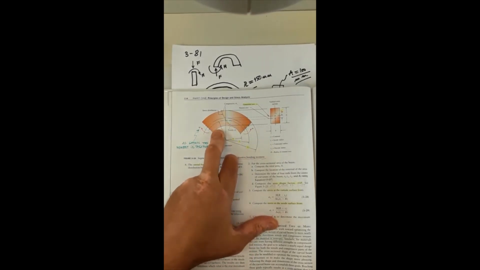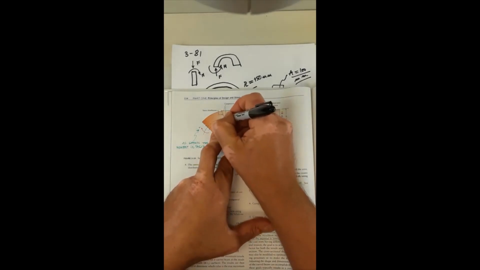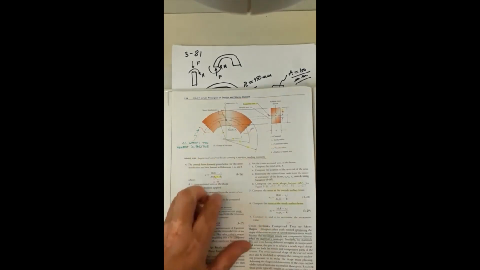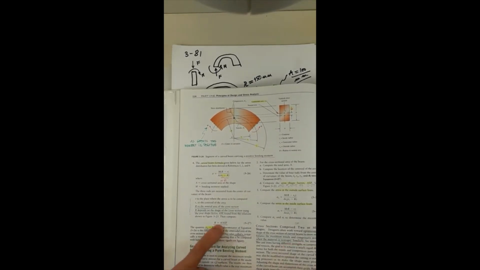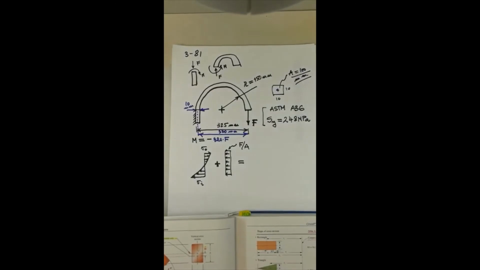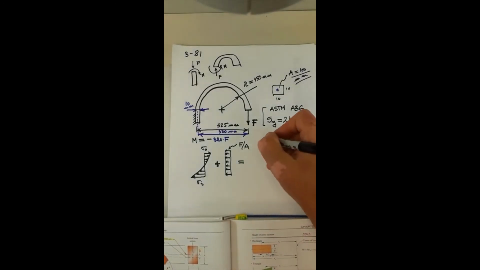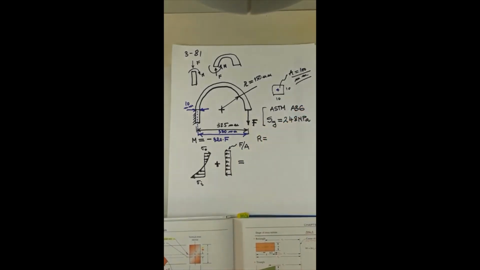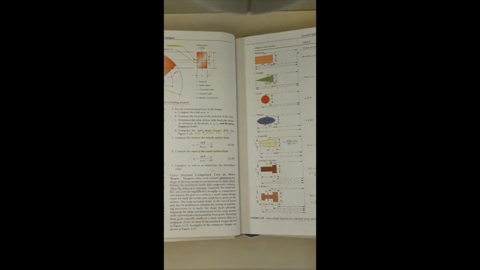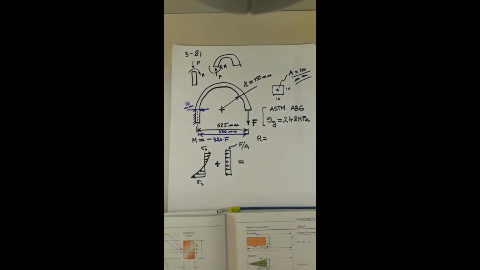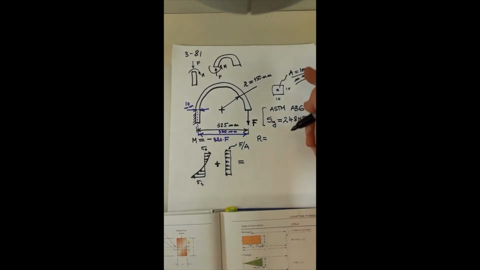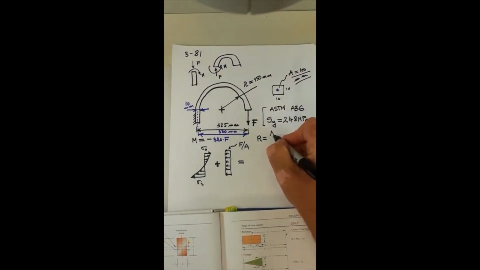So this is the neutral axis, and that's going to be area over area shape factor. So I have R that occurs in equations 328 and 329. R is area, which we have to calculate, over the area shape factor for this cross section.